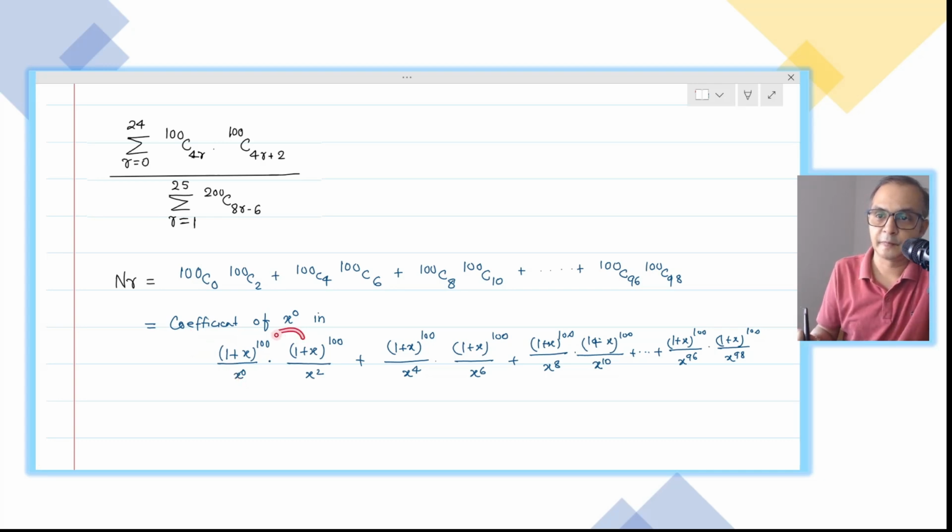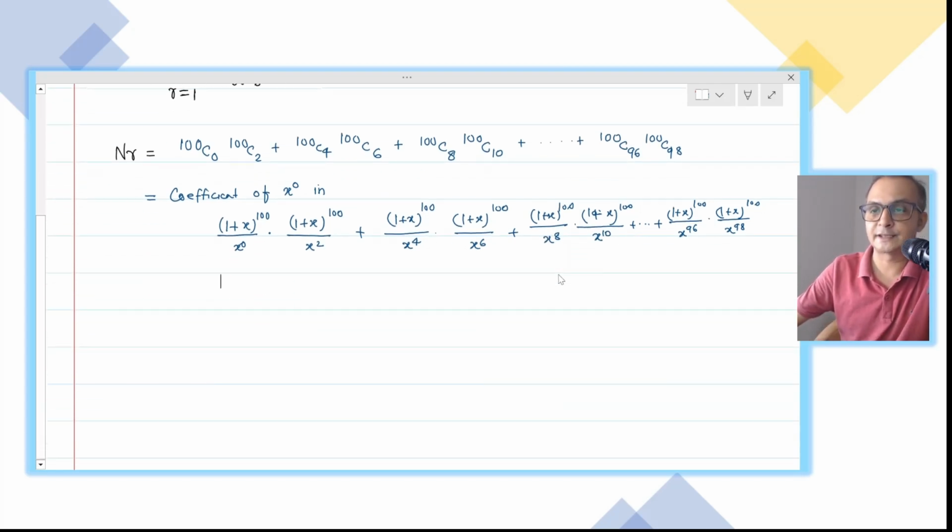From here I will take the coefficient of x^2 so that the x^2 will get cancelled and I will have the coefficient of x^0. For this, from the first term, I will take the coefficient of x^4, so I write 100C4, and from there I take the coefficient of x^6, so I write 100C6. So it is equivalent to find the coefficient of x^0 in this expansion.